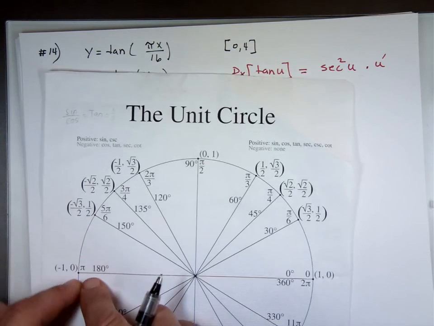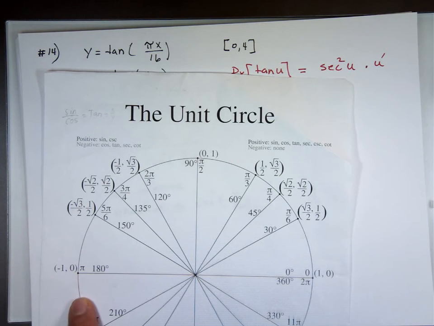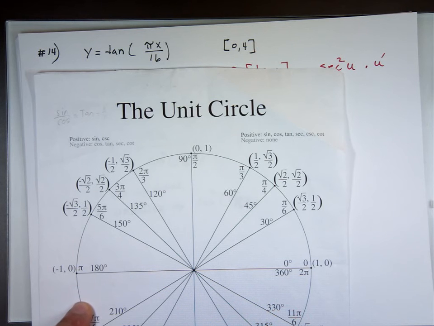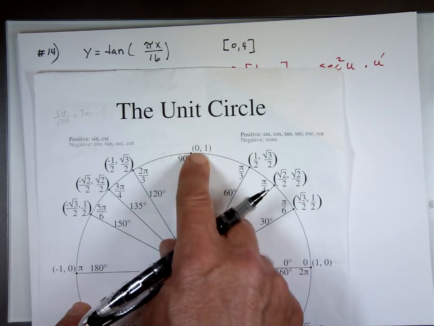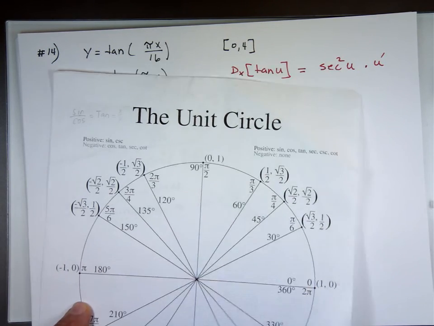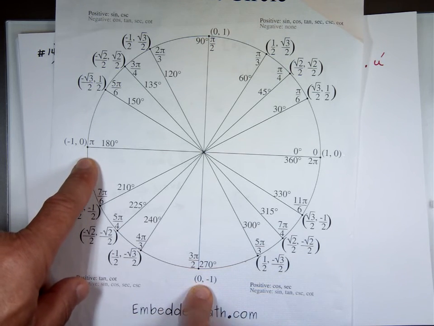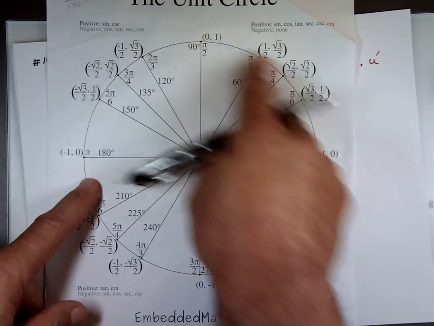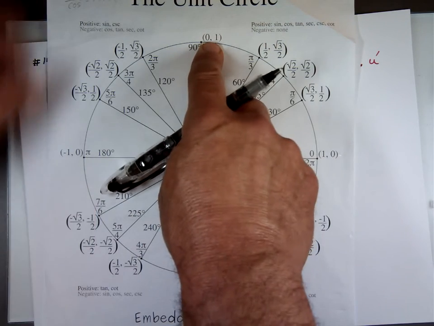So between 0 and somewhere to here, pi is 3.14. So the 4 is somewhere here, where my finger is. If you look, the cosine is the first number. Where's the cosine equal to 0? Only right here. There's another one on the bottom, but we're not going that far. So we stop at 4 radians, which is somewhere right here. So the answer is 90 degrees or pi over 2.